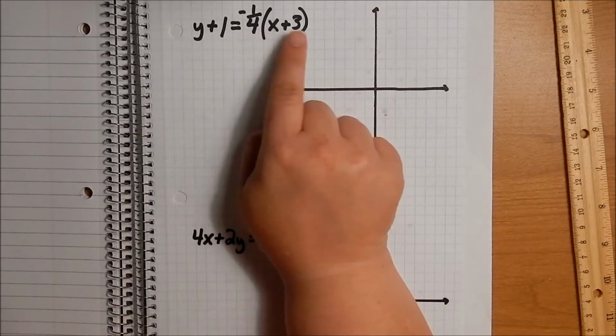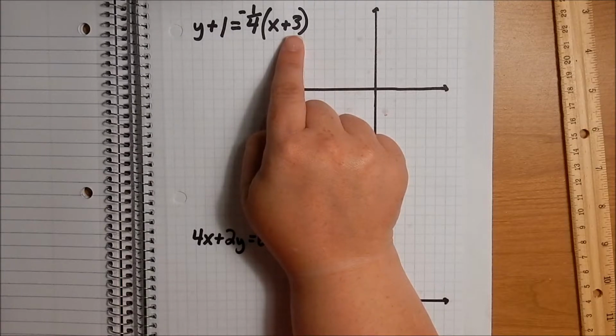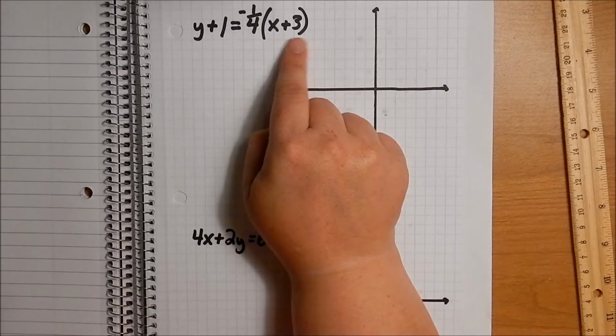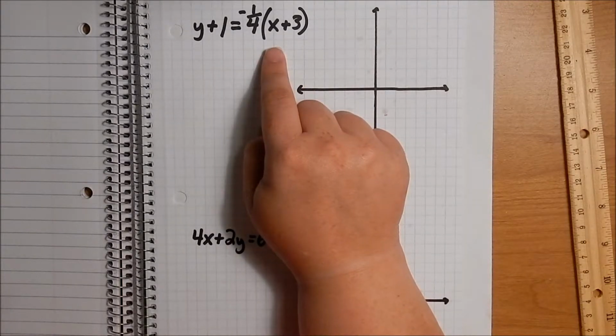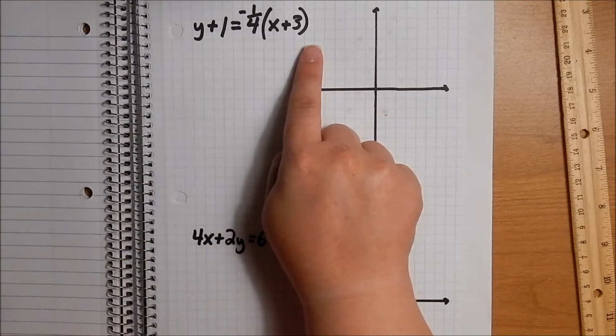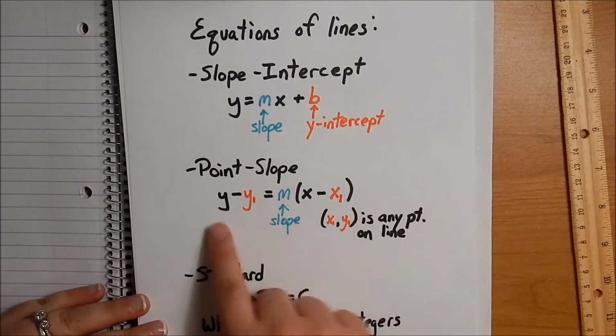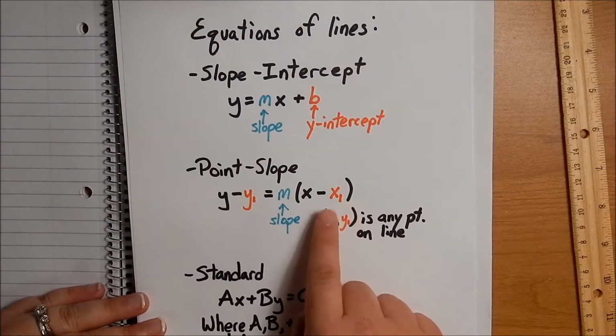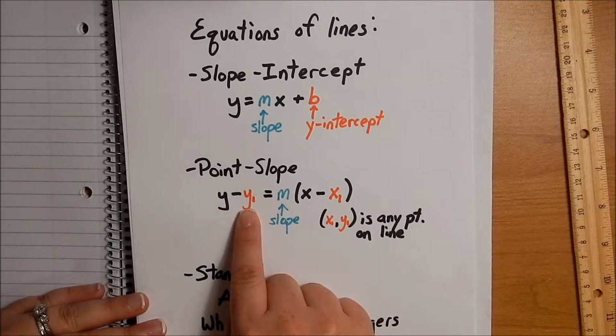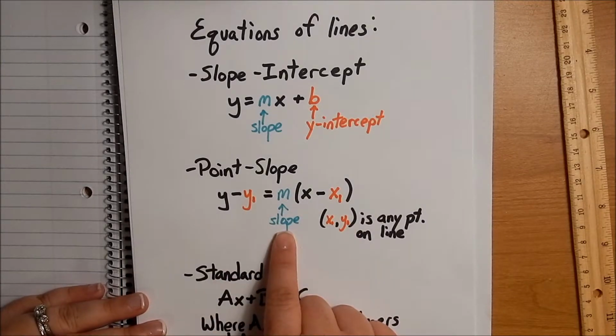You're going to have to distribute a -1/4. And now it's going to get messy. I don't like messy. So if all I have to do is graph this, I know, using my point slope form, I know that I just need the x1, y1, that gives me my starting point, and then the slope.